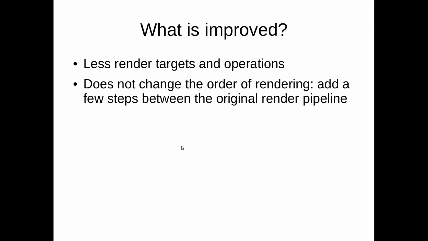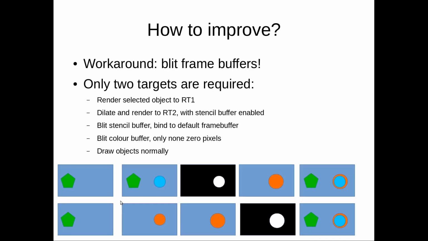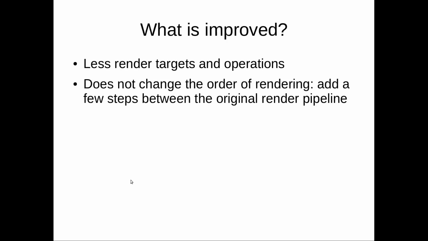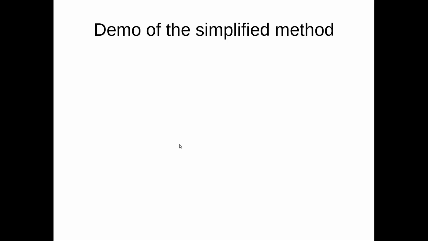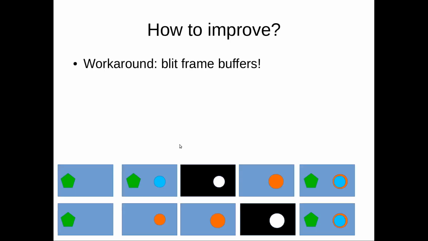What is improved? Yeah, it's very apparent. We need fewer render targets, so the render pipeline is clear and easy to understand. What is more important is that this method does not change the order of rendering. We just add a few steps into the original render pipeline. What does that mean?